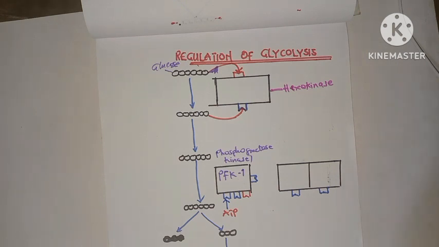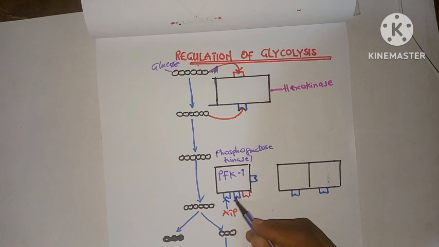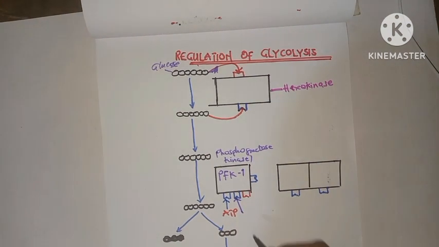So citrate will come in, bind, and inhibit phosphofructose kinase 1 to stop the Krebs cycle-derived ATP from continuing to be made. So citrate is an inhibitor.